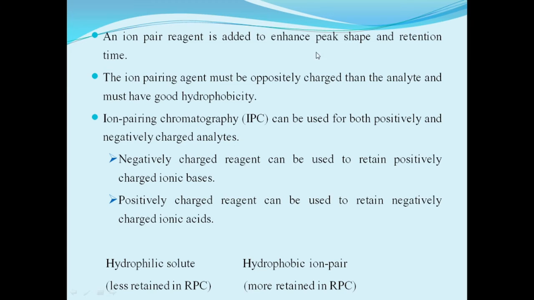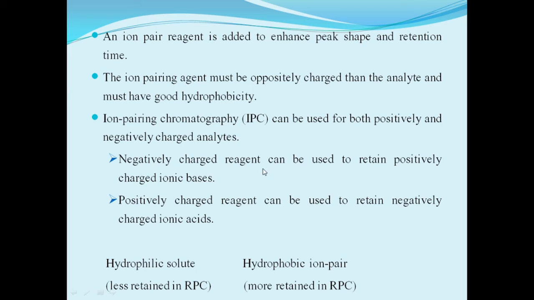An ion pair reagent is added to enhance peak shape and retention time. An ion pairing agent must be oppositely charged to the analyte and must have good hydrophobicity. Ion pairing chromatography, that is IPC, can be used for both positively and negatively charged analytes.